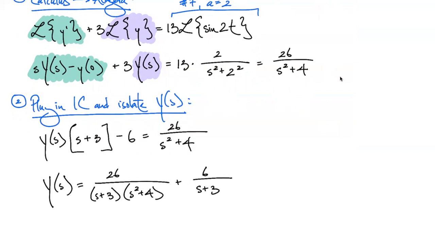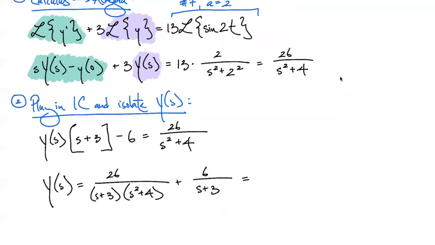Now I'm going to do a little bit more work here, knowing that I'm headed into an inverse Laplace transform. And so if I can have a single fraction rather than multiple fractions, my life will be a little bit easier. Okay, so I'm going to go ahead and make a common denominator, which means that I'm going to multiply the second fraction by s squared plus 4 over s squared plus 4.